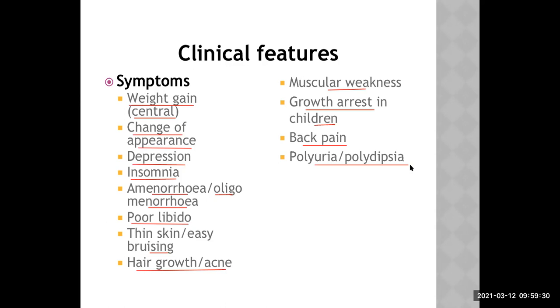Now remember why hypokalemia occurs here. Very easy explanation. Cortisol has mineralocorticoid-like activity, and mineralocorticoid is retaining more sodium and excreting more potassium. So there is the condition of hypokalemia, and chronic hypokalemia can cause polyuria. As a result of that, polydipsia can happen.